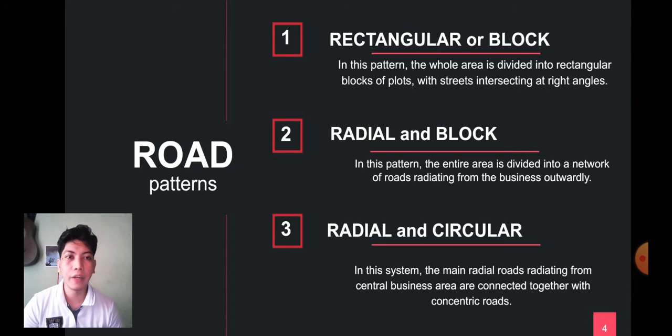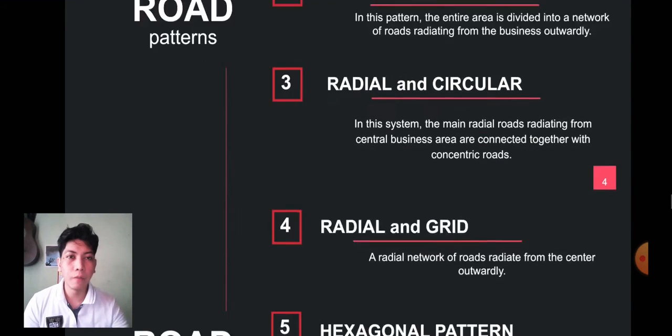In this pattern, the entire area is divided into a network of roads radiating from the business area outwardly. And the radial and circular road pattern: in this system, the main radial roads radiating from the central business area are connected together with a concentric road.